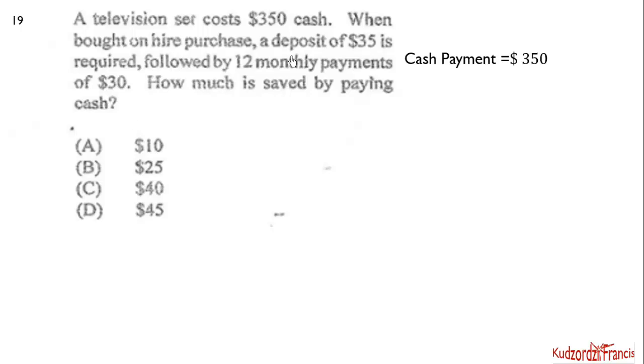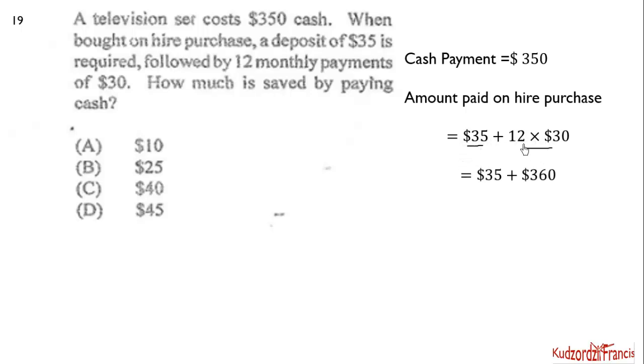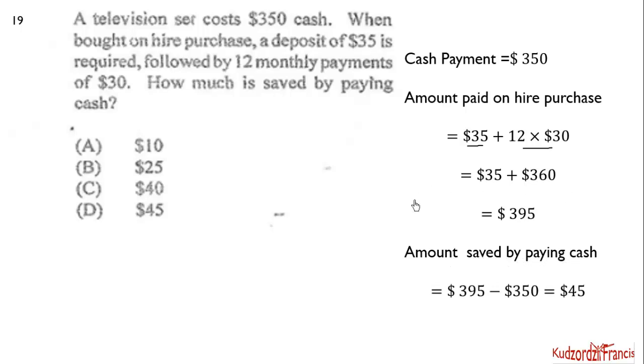So the cash payment is 350. The amount paid on hire purchase is 35, which is the deposit plus the payment in installments. Now 12 times 30 is 360. 360 plus 35 is 395. So take 350 out of 395 to get $45.